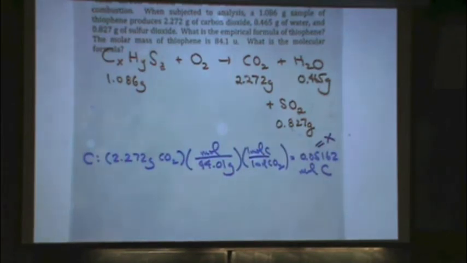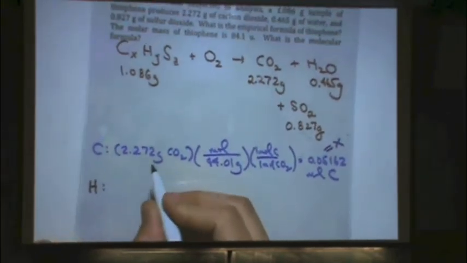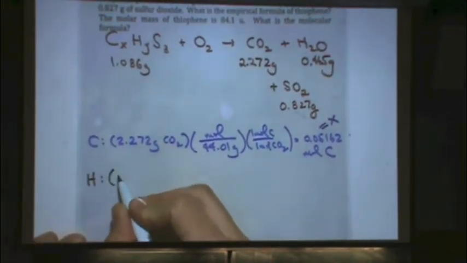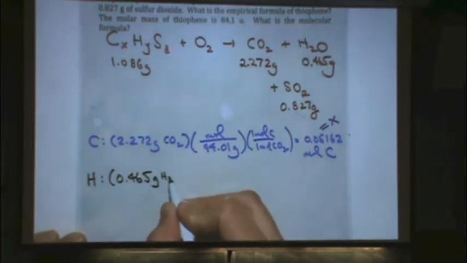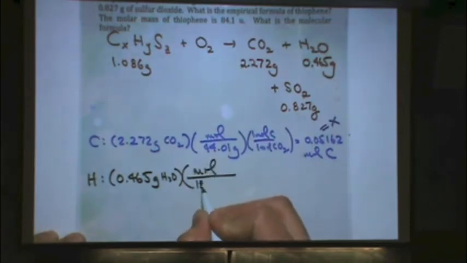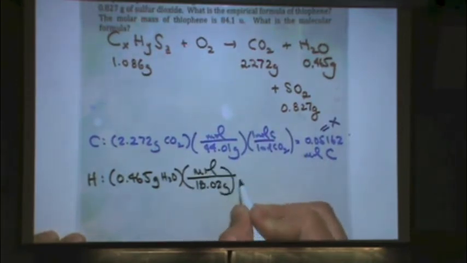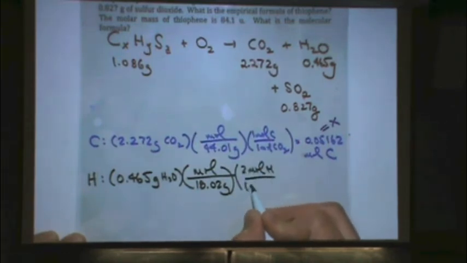Okay, next. Now let's do the same thing for hydrogen. Hydrogen comes from the water. So let's start with water, 0.465 grams of the water. Change it to moles, just like before. From the periodic table, it's 18.02 grams per mole. Then we know that there's 2 moles of hydrogen for every 1 mole of water.